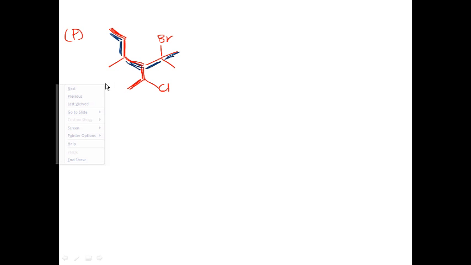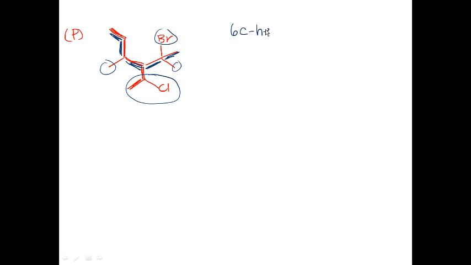So the question is, looking at the blue chain, I've got 1, 2, 3, 4. So the blue chain has 6 carbons, so it's going to be a hexane. And I've got 4 substituents. The red chain had 1, 2, and then this whole thing as 3.